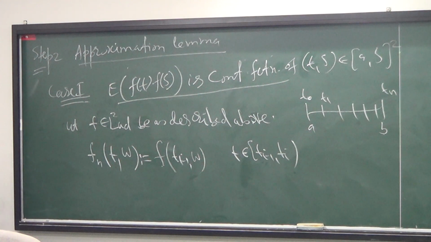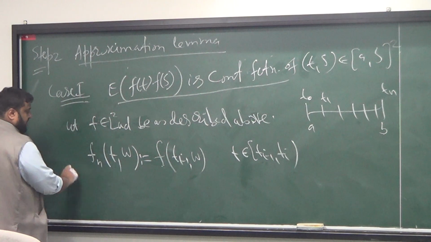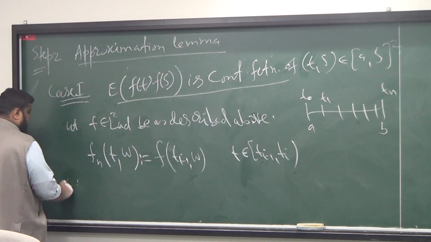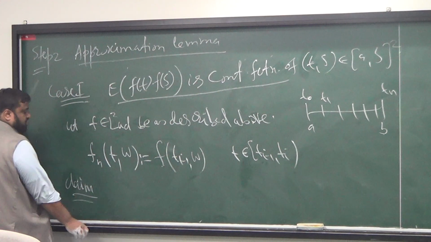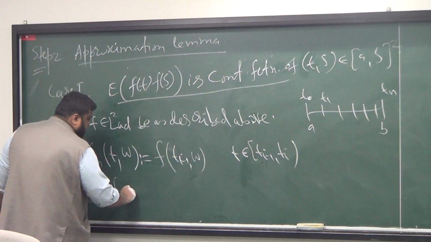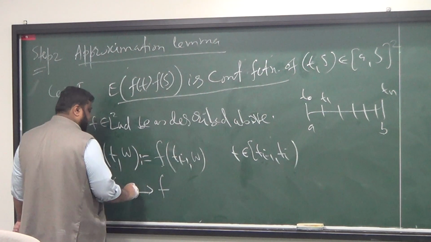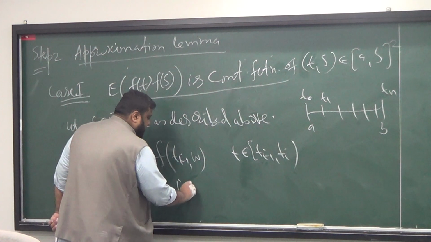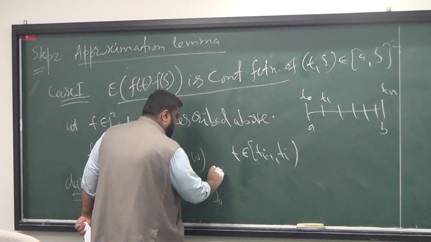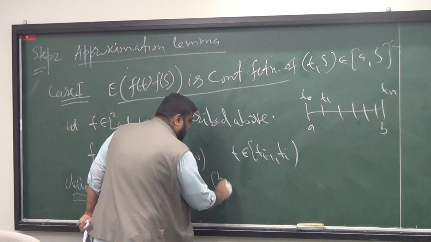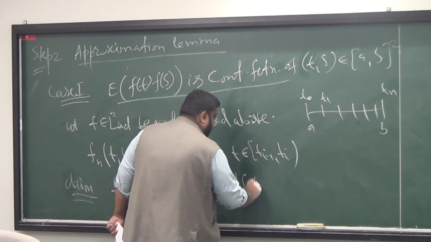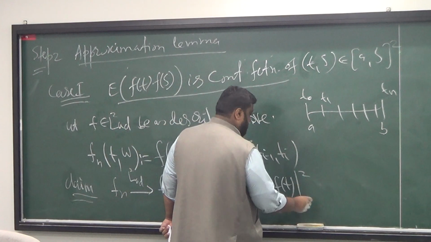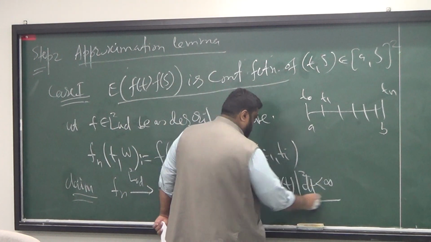So the claim I would like to show is that f_n converges to f in the L2AD sense. That is, if you compute the integral of the expectation of (f_n(t) minus f(t)) squared dt, it must go to zero. That's what I would like to show.